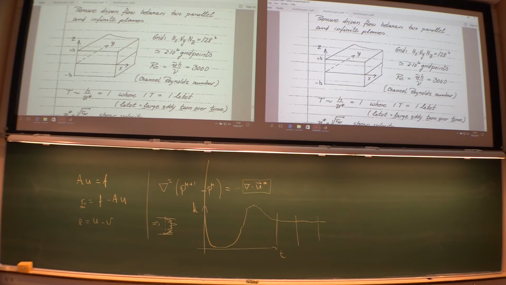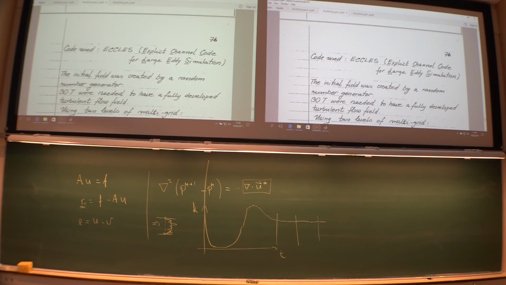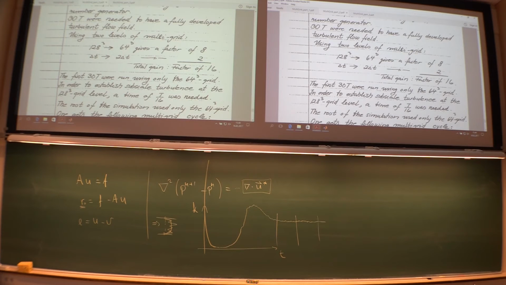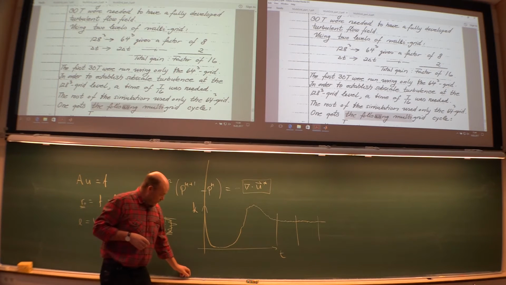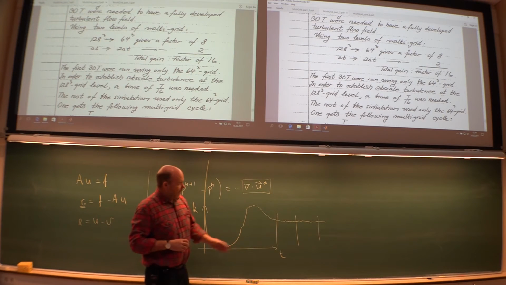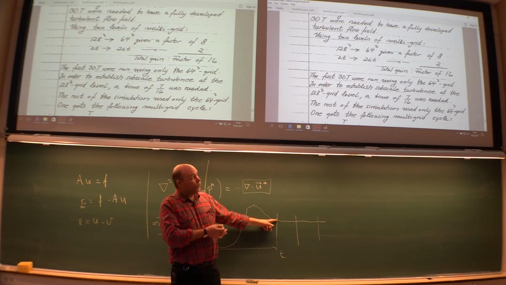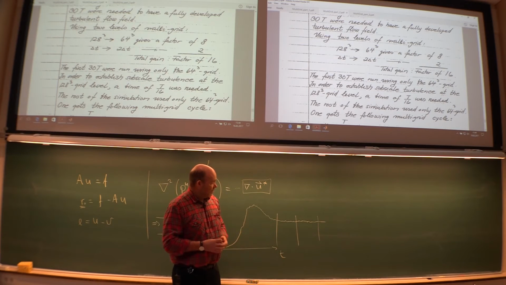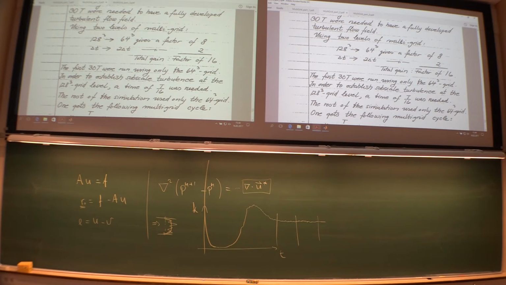On the fine mesh, that was 128 cubed cells, you do a sample, and then you transfer your problem onto a coarser mesh, which has only 1/8 of the number of cells, 64 cubed. That's a factor of 8 in reduction.